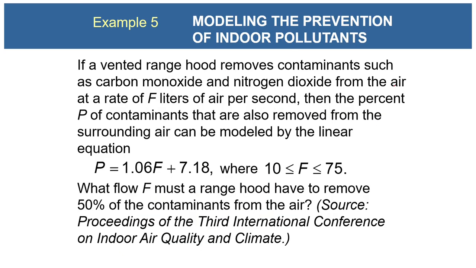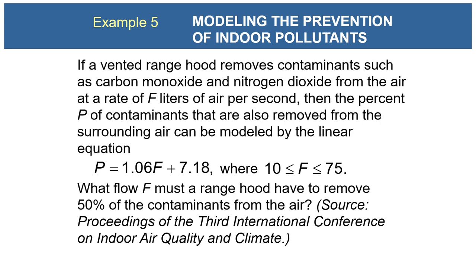In example 5, if a vented range hood removes contaminants such as carbon monoxide and nitrogen dioxide from the air at a rate of F liters of air per second, then the percent P of contaminants that are also removed from the surrounding air can be modeled by the linear equation P equals 1.06F plus 7.18, where F is between 10 and 75 liters per second.